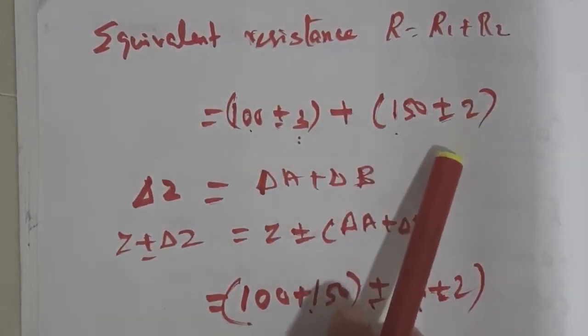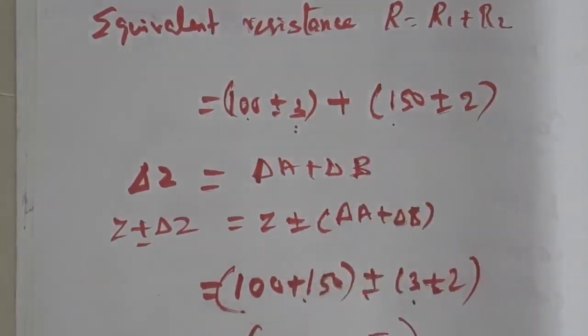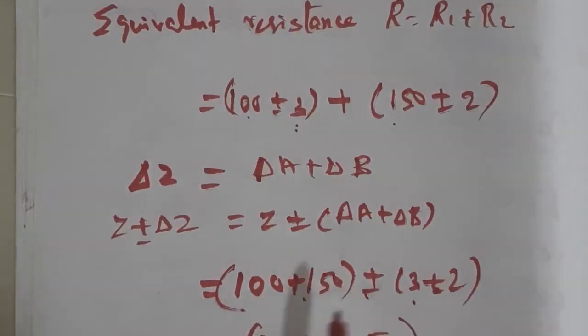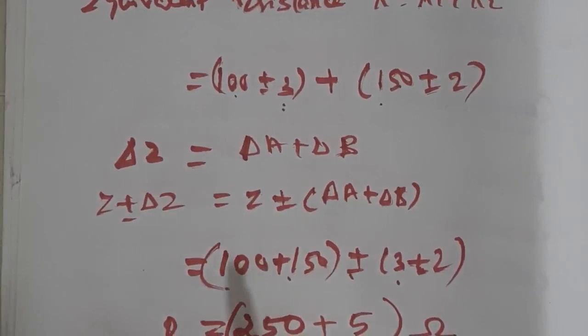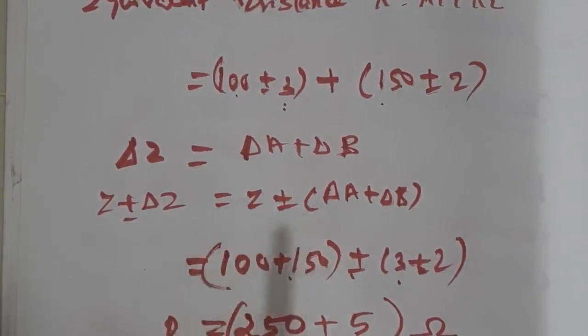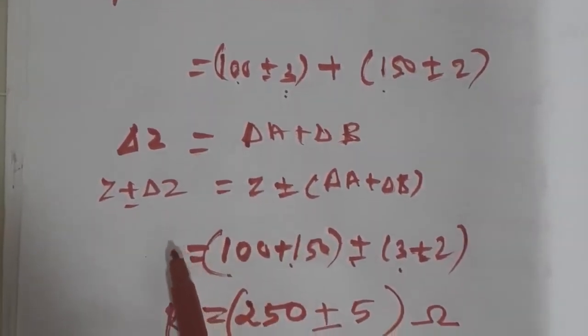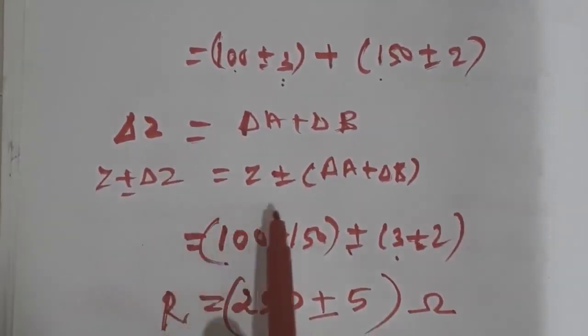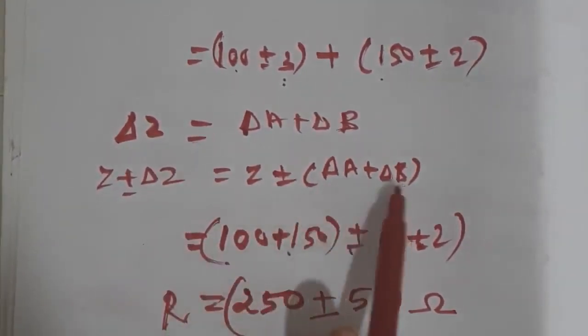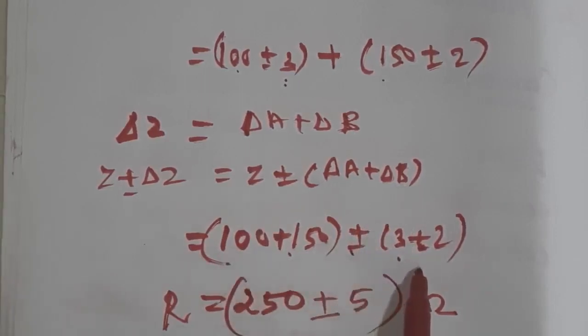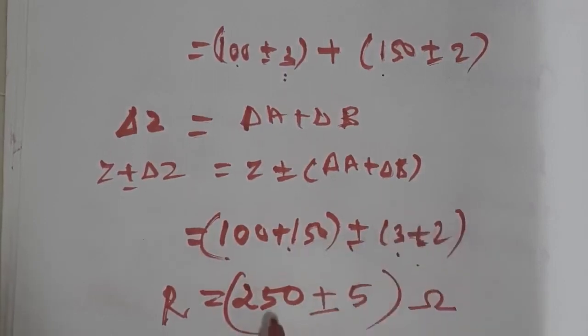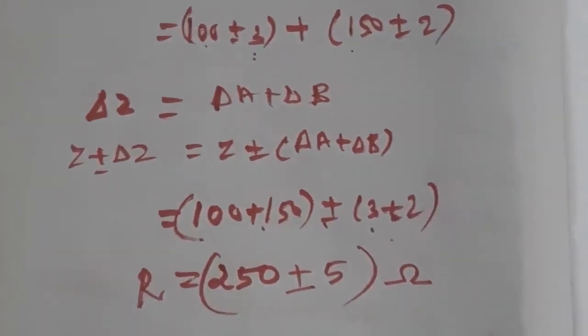When finding the equivalent resistance, we are adding R1 plus R2, so we have to look into the errors of R1 and R2 and combine. So Z plus or minus delta Z is Z plus or minus delta A plus delta B. So Z is A plus B, 100 plus 150 plus or minus 3 plus 2. So 250 plus or minus 5 ohm.